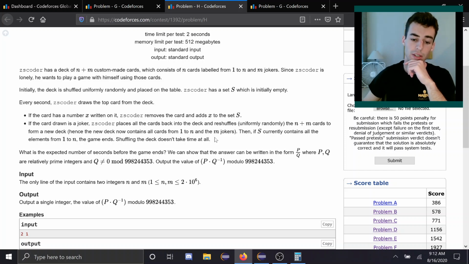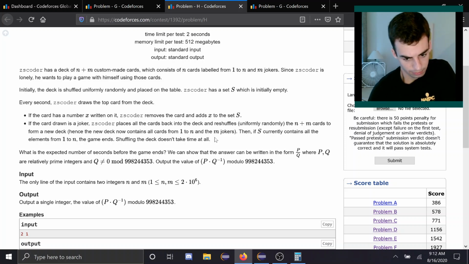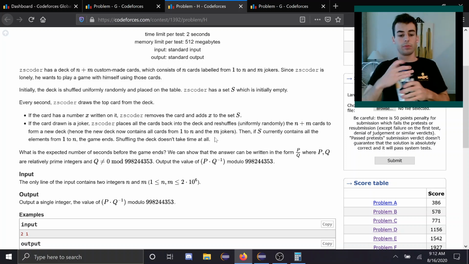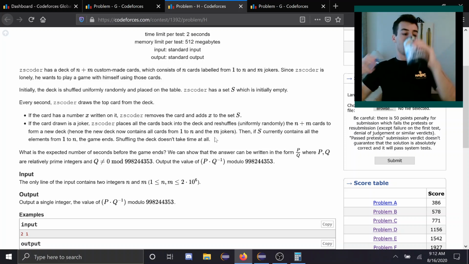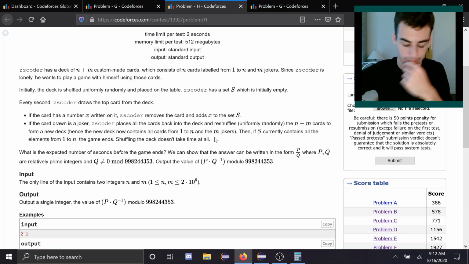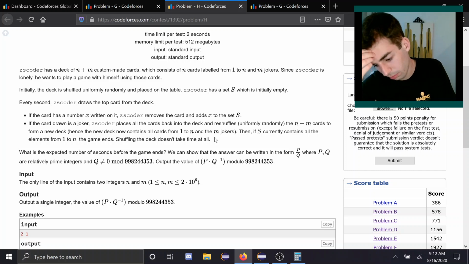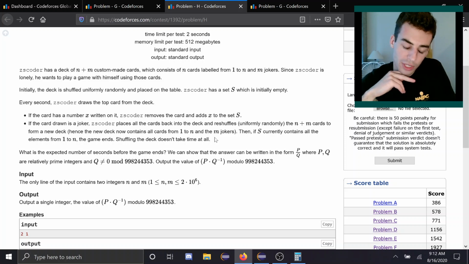No, not the expected number of jokers, the expected number of cards you'll pick. Yeah, you just care about the expected number of draws.